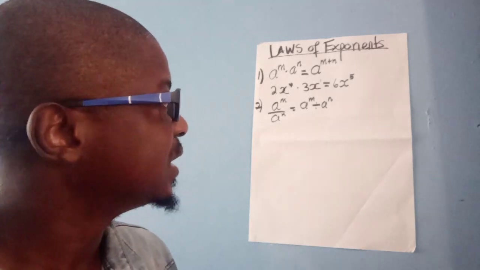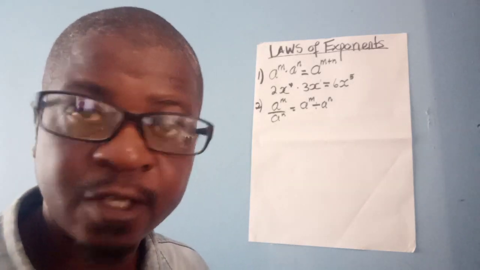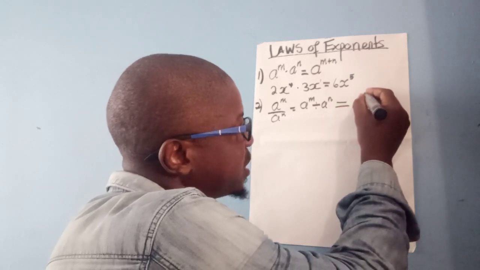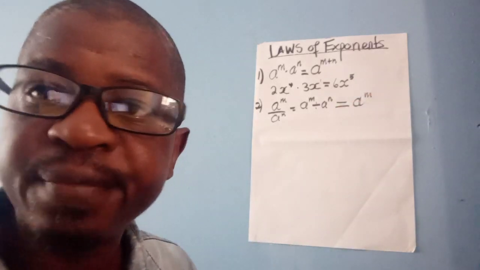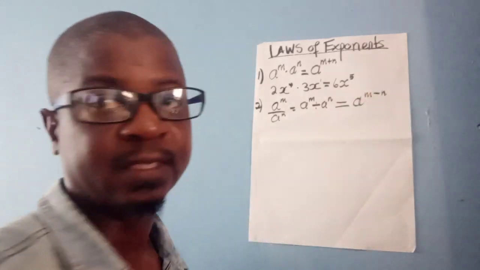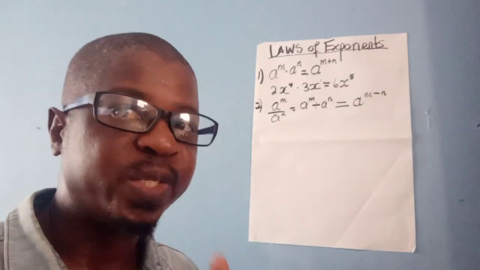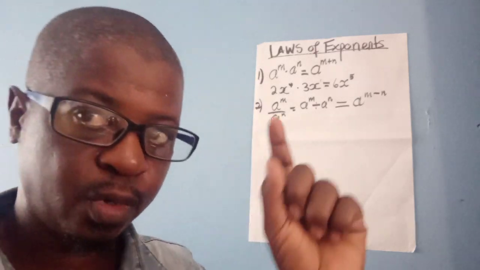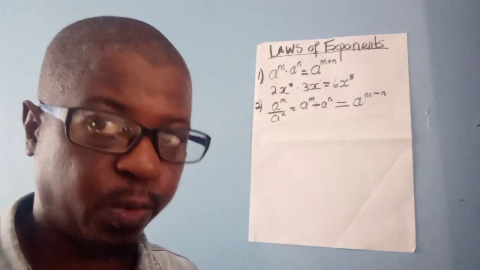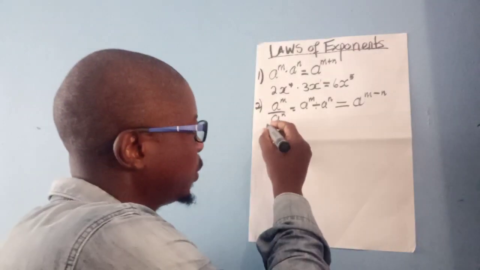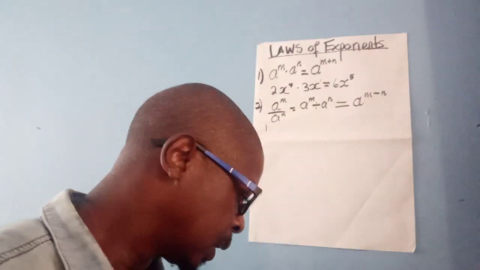So what does this give us? This is actually kind of the opposite, because we're going to have m minus n. So when we divide, we are going to subtract the exponents. Okay, do we have an example?